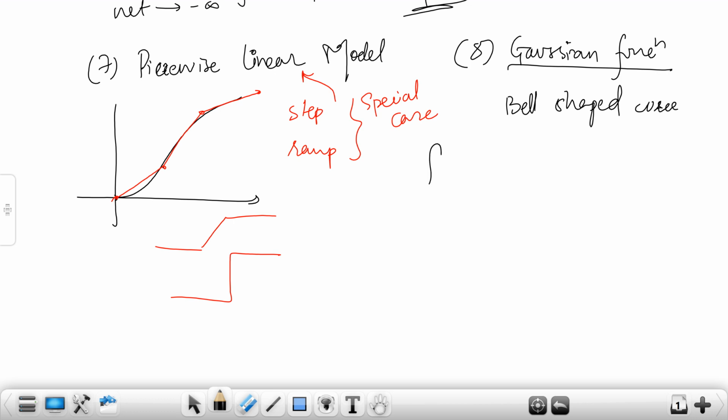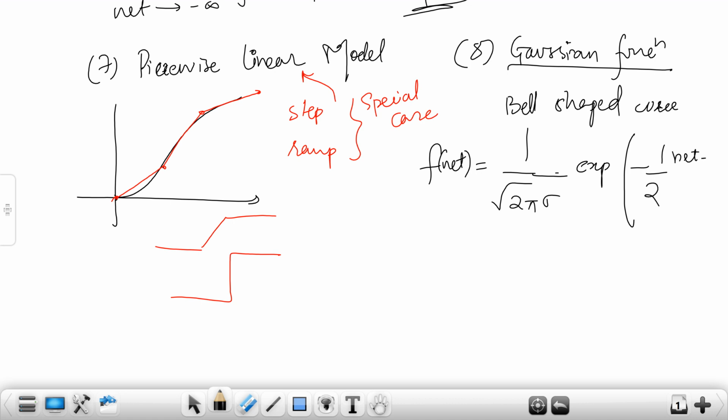Its activation function is given by f of net equals 1 by root of 2 pi sigma, where sigma is not under the root, times exponential of minus half, net minus mu upon sigma, the whole squared. This is used in radial basis functions, which we'll come to later.